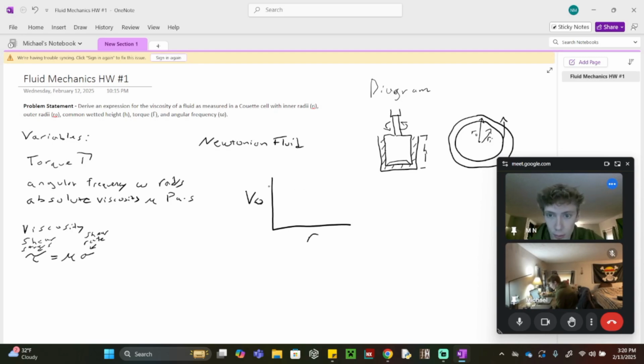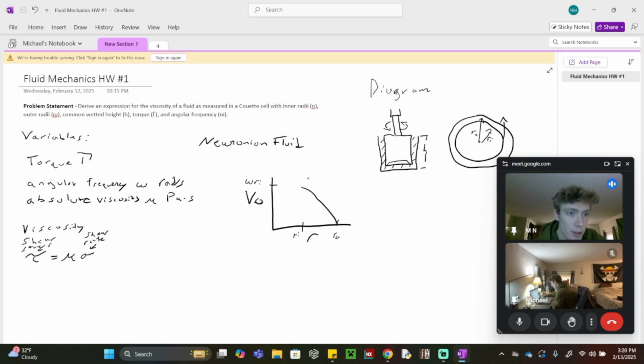So I'm going to mark this as angular frequency times our inner radius. This will be our inner radius here, and then this will be our outer radius. So our velocity plot will look something like this.